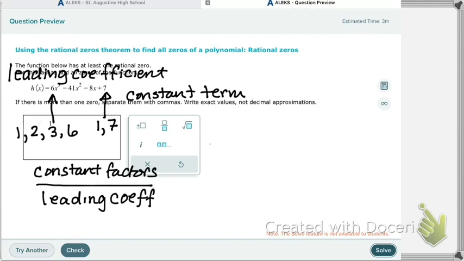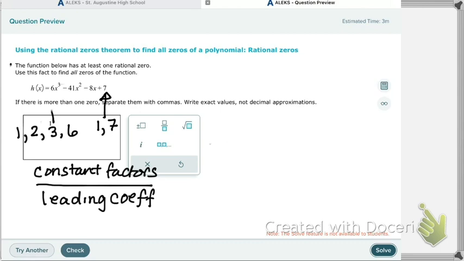All right, so let's look at what that looks like. I'm going to clean this up a little bit. And I also am going to say that I'm always going to look at plus or minus the constant factor over the leading coefficient.